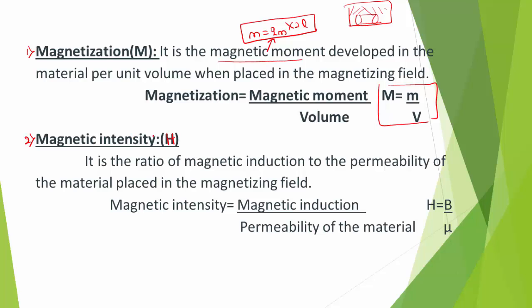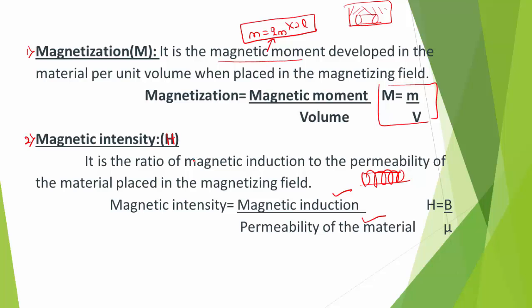Suppose I consider any one material, here this is the material, and magnetic induction is produced in this material. The ratio of magnetic induction to the magnetic permeability of the material is called magnetic intensity.